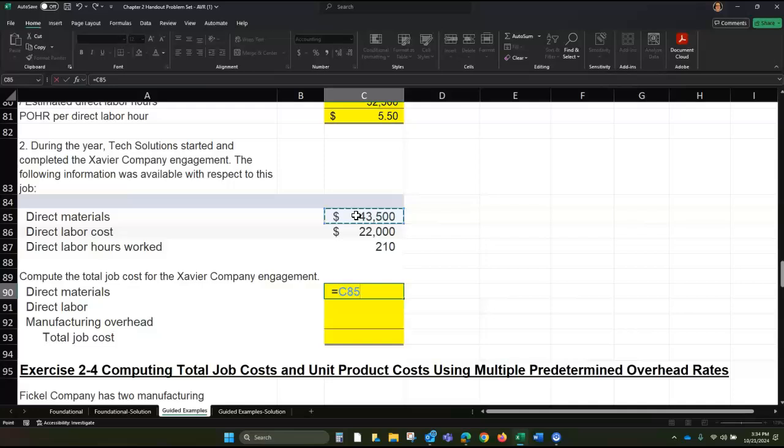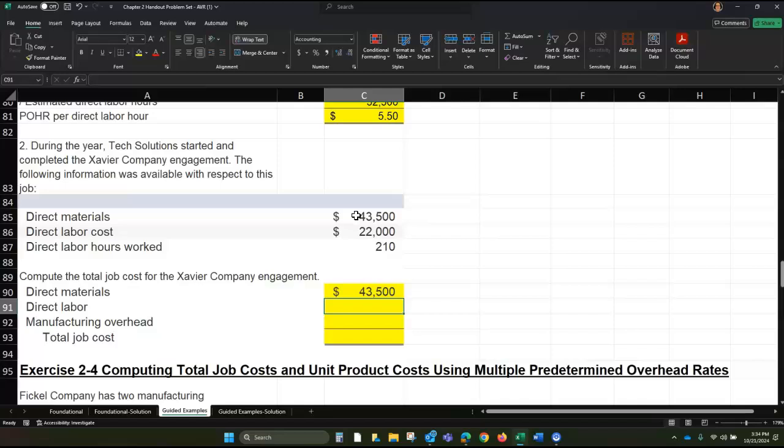Let's say that we're implementing a piece of manufacturing software, and the cost of that software is $43,500. We had to buy that from whoever developed the software. Okay? Then we've got direct labor. That's the $22,000.